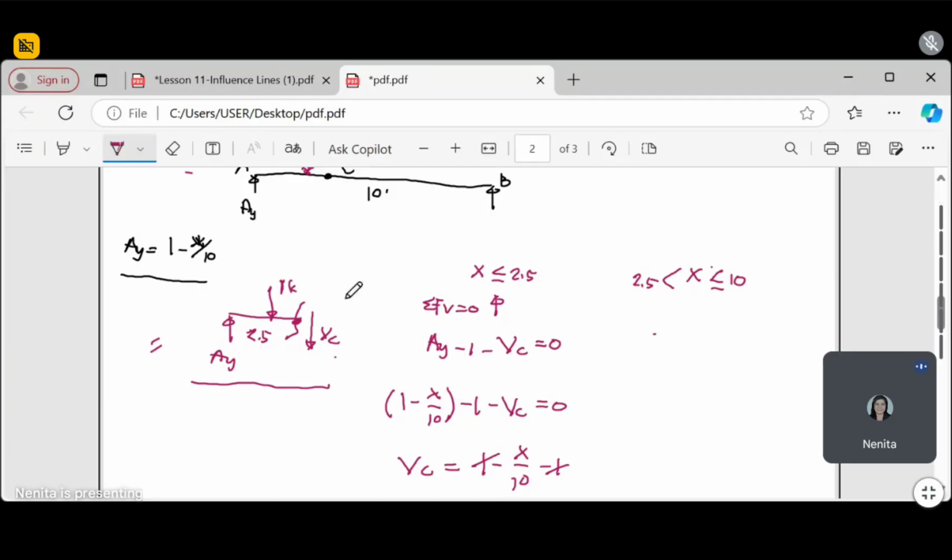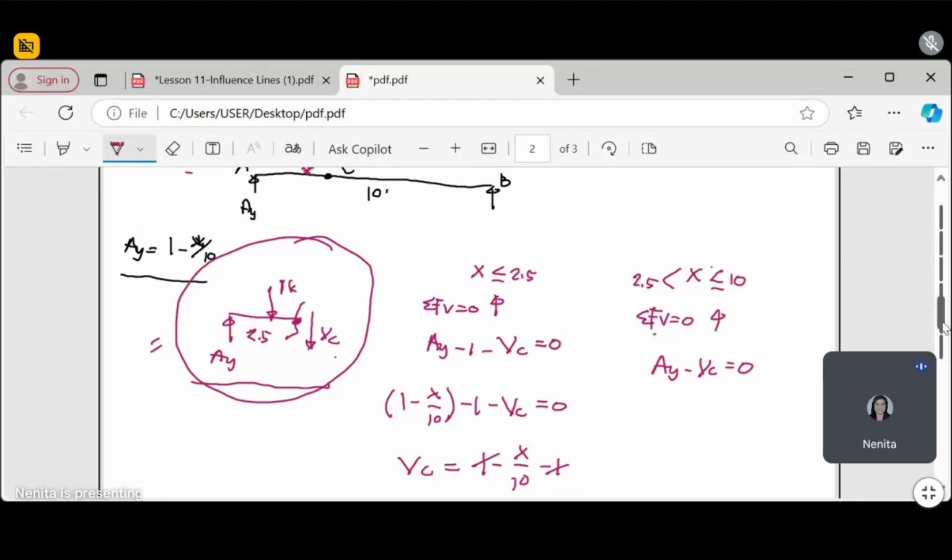Okay, class, ha? Using this free body diagram, take note, ang ating 1 ay nasa kabila na. Mawawala si 1 kasi nasa kabila na siya. Nasabot nyo? So therefore, ano yung makikita natin? Summation of forces vertical is equal to 0. So we have AY minus B sub C is equal to 0, correct?